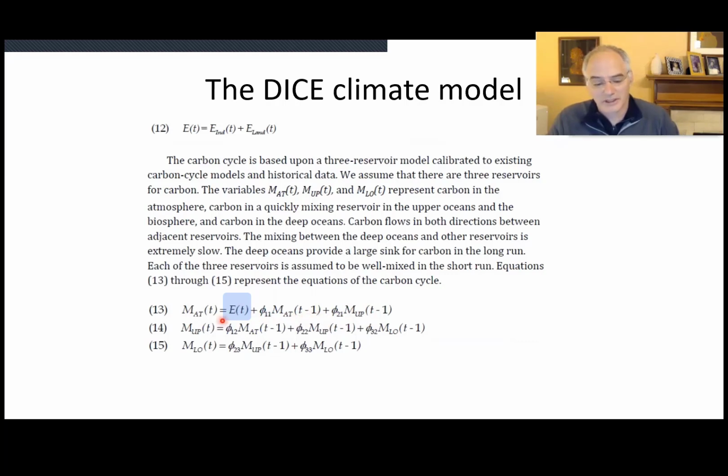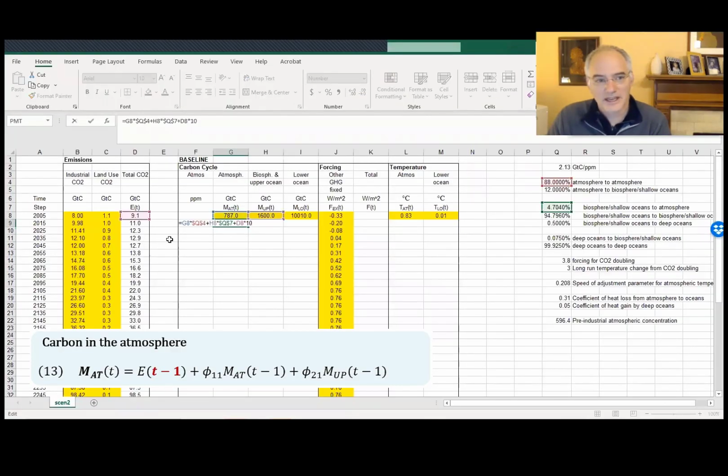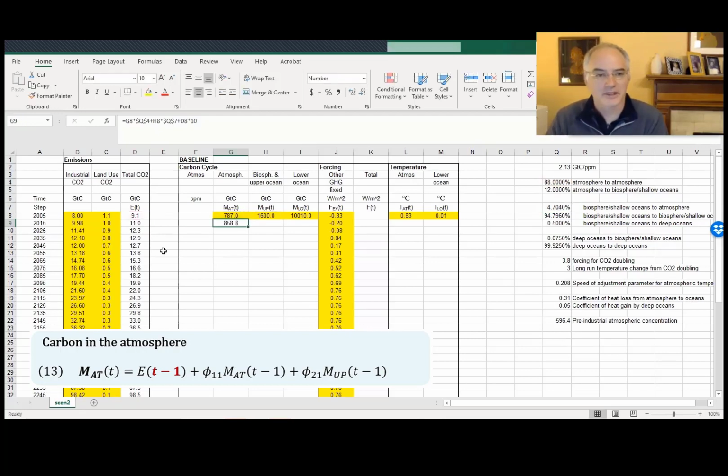And when we did the formula right here, we actually used the amount of emissions from the previous period. I just wanted to assure you that is not a mistake that I'm making. That was a typo in the manual that Nordhaus wrote. If you look in the appendix and in the code for the model, he actually does it the way I've done it in the spreadsheet.